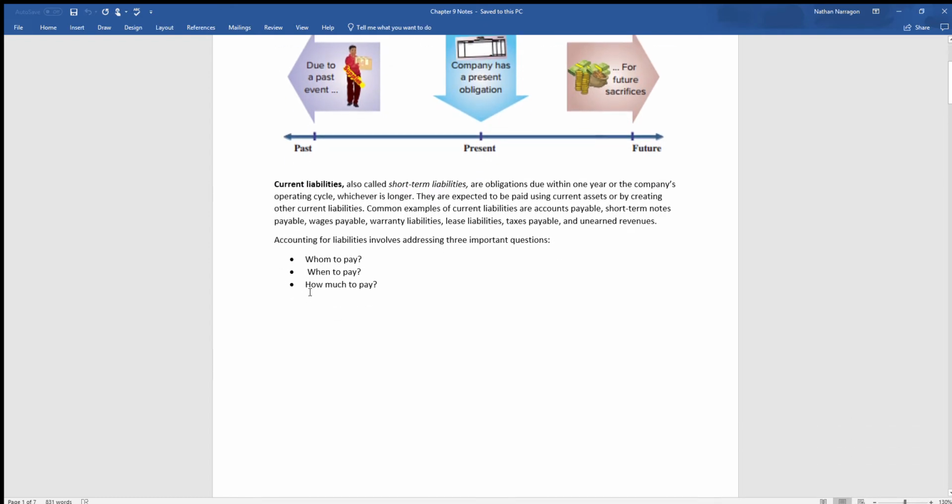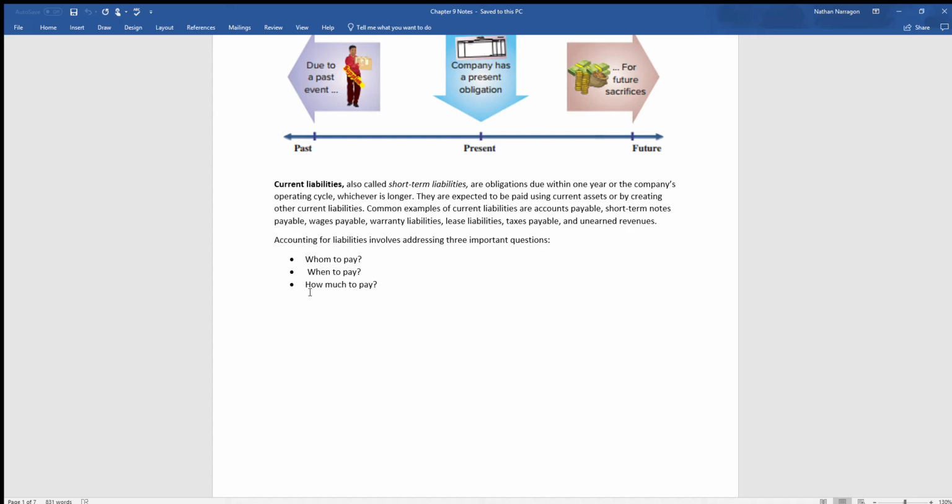A current liability in itself, again, is anything that's due within 1 year or the operating cycle. These are expected to be paid using current assets, which basically means cash is king here. Common examples of current liabilities are, of course, accounts payable, because we have bills to pay.